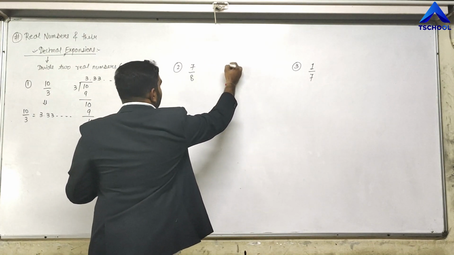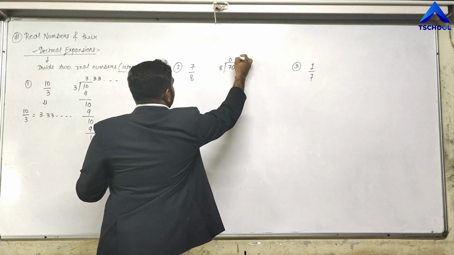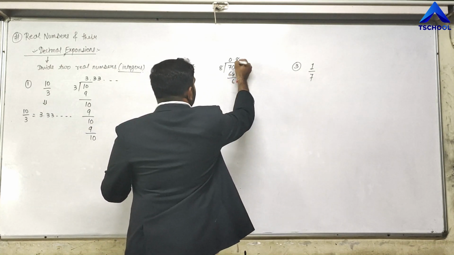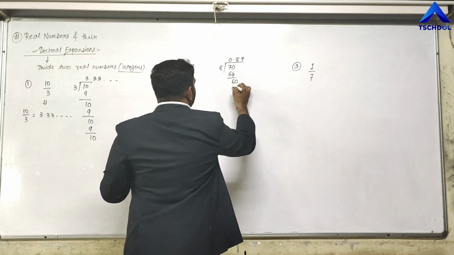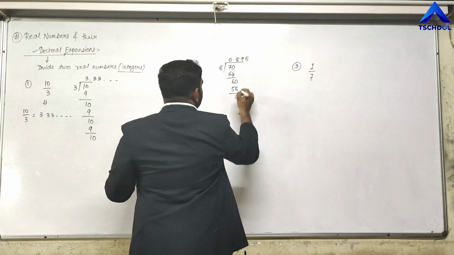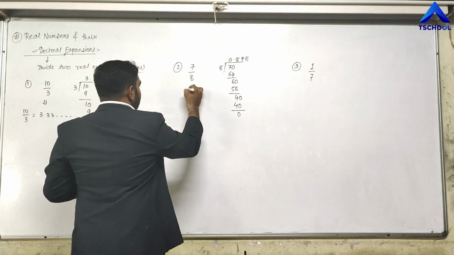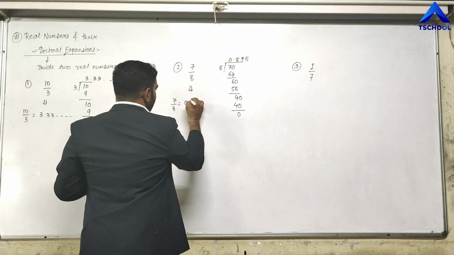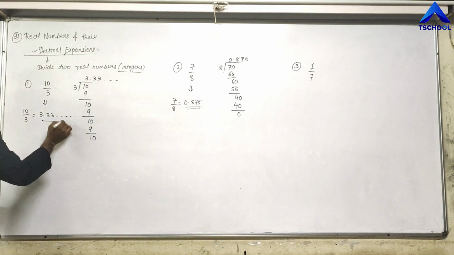Similarly, as we see in this 7 upon 8, 0.8 gives me 64 with a 6 as remainder. Again if I put a 0 here, that will be 8 into 7, 56 with a 4 remainder. Again if I put a 0 here, that will be 8 into 5, 40 with a 0 remainder. That means what can I say here? That 7 upon 8 is equal to 0.875. Here we got 3.333.